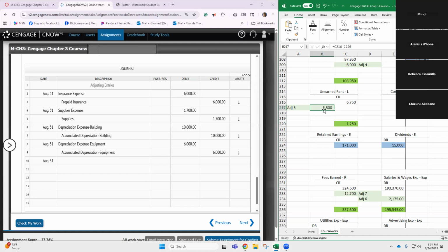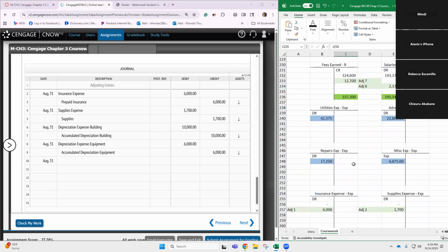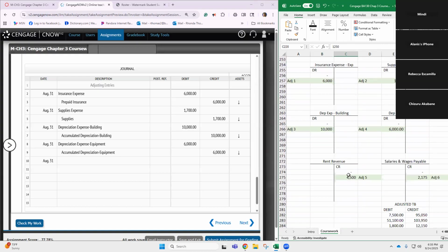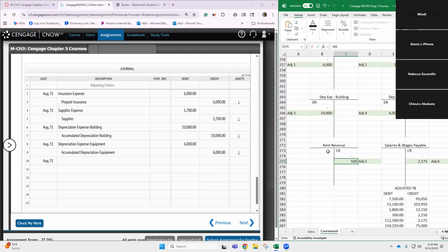So we're going to get rid of it out of the liability. So now the liability has a new balance. But when we make this debit, we must credit rent revenue for $5,500. Okay, so let's recap what we did. And this is our adjustment 5. So we debited unearned rent because they gave us, and this one's hard, they gave us the amount of unearned rent that still is there at the end of the month.